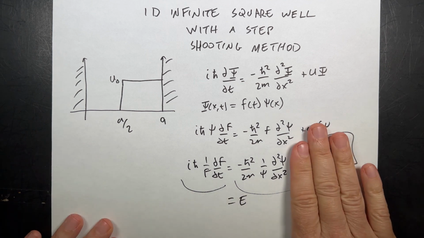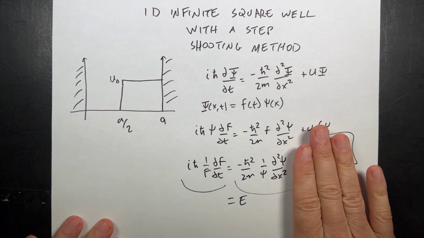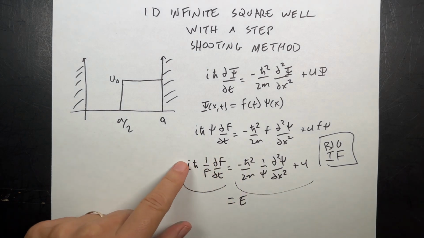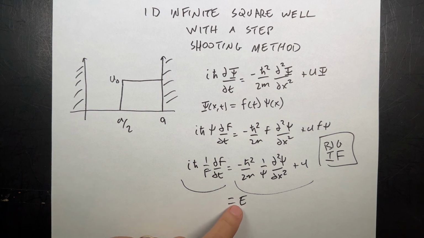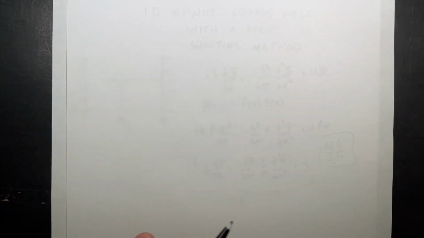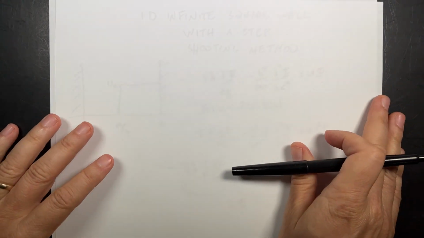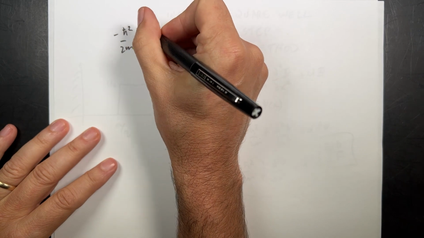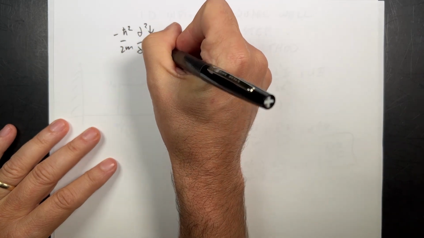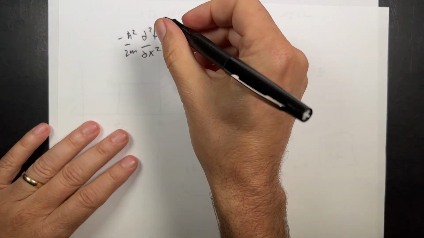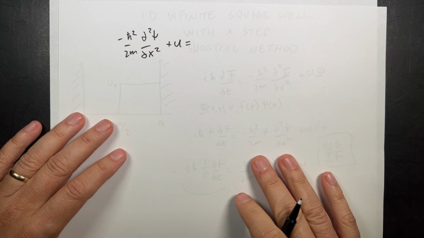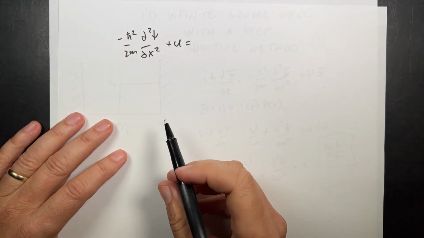Before, we had the differential equation without the U, and I just wanted to show you that we can put that U in there. I'm not worried about the time part, because that's easy to solve. But let's just rewrite this part: negative h bar squared over 2m second partial of psi with respect to x, plus U, equals... oh, and I had 1 over psi, right?